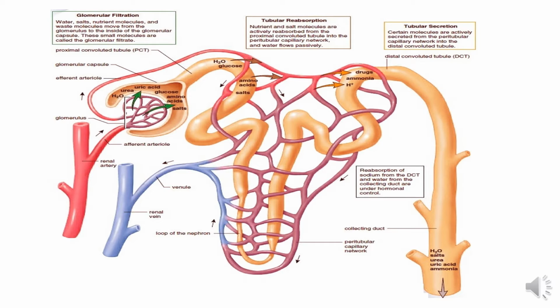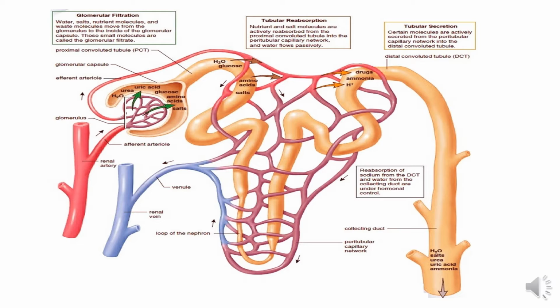See the picture, here is the labeling of glomerular capsule, efferent arteriole, proximal convoluted tubule, glomerulus, afferent arteriole, collecting duct, loop of nephron, loop of Henle, etc. These are important because of the processes in which urine formation occurs.